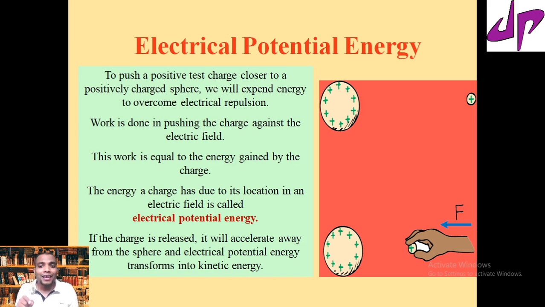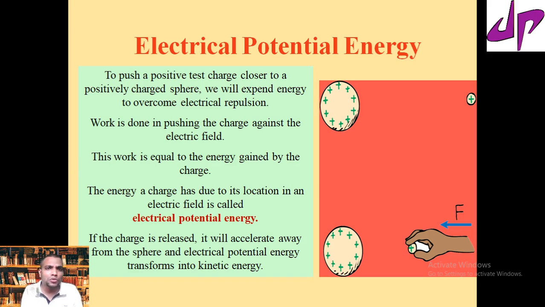Now here in the second figure, the charge at that particular location has electrical potential energy. How did it get that energy? It got that energy because I am doing work. I am holding the charge and bringing it from one point to another point.